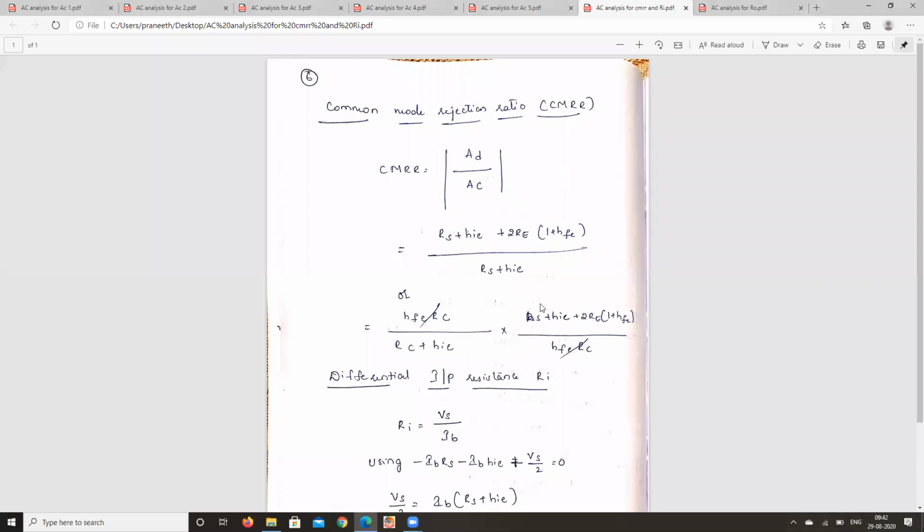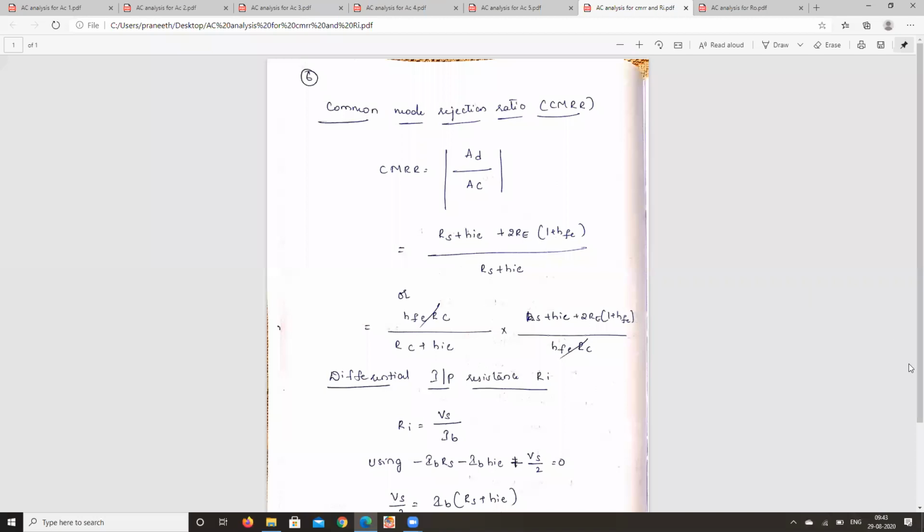The negative sign is eliminated anyway because we are taking the magnitude of it. After substituting AC, these two terms get cancelled, and finally I got CMRR as RS plus HIE plus 2 RE into 1 plus HFE by RS plus HIE. Note it down. So this is the CMRR for your differential amplifier.